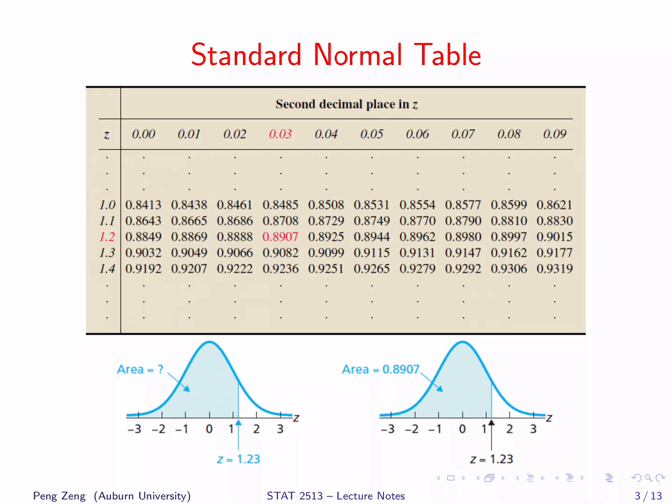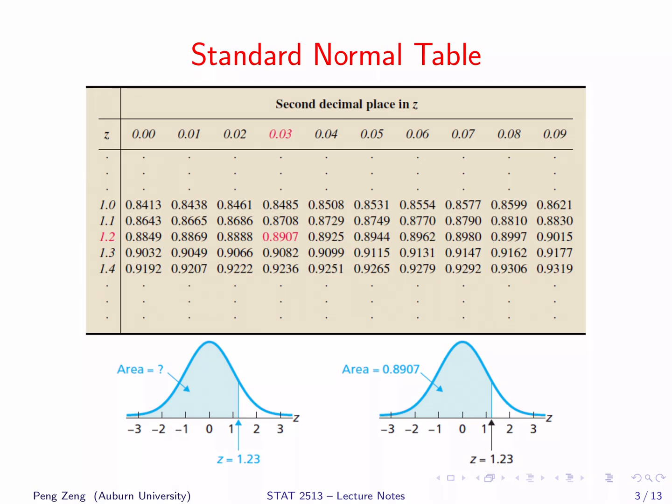In the normal table, we look for the row corresponding to 1.2 and look for the column corresponding to 0.03. This yields the value 0.8907 in the table. Therefore, the probability less than 1.23 is 0.8907.